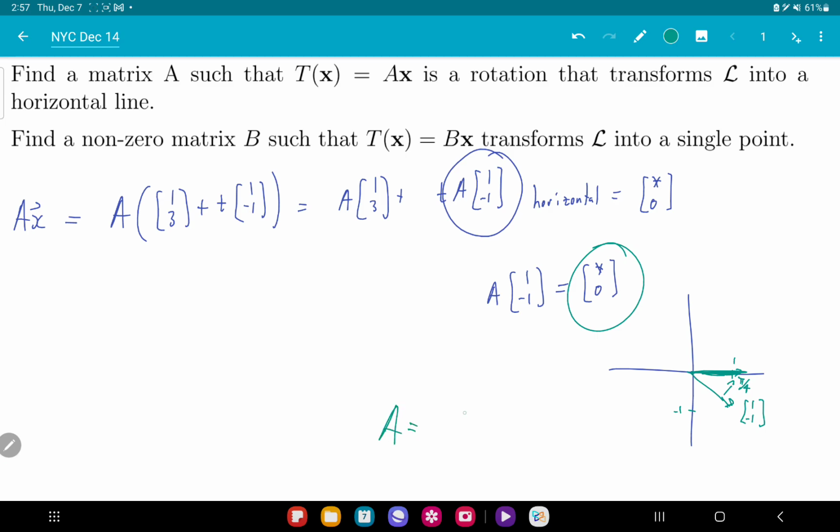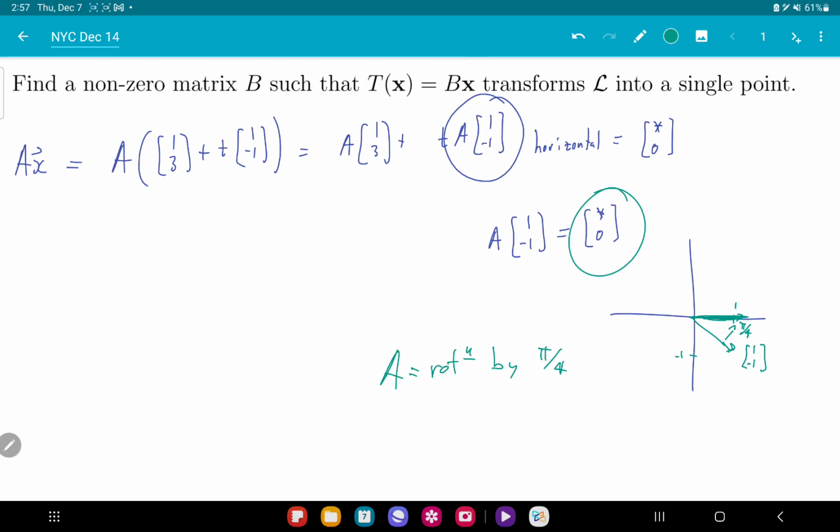Okay, so A should be a rotation by pi over 4. And what's that? I use my rotation matrix, which I memorize. Cos pi over 4, sine pi over 4, minus sine pi over 4, cos pi over 4.